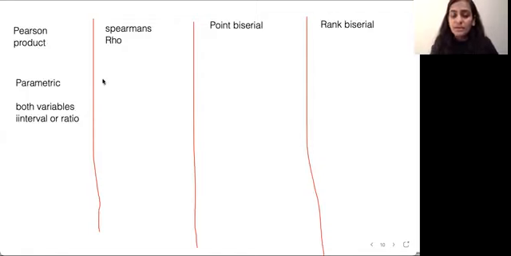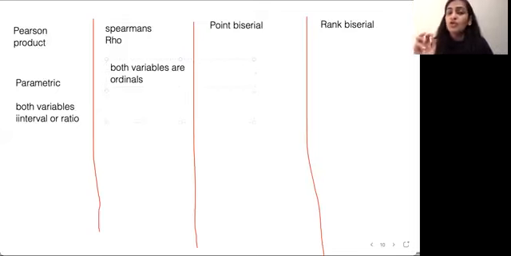If both variables are ordinal, what do we use? We use the Spearman's rho correlation coefficient. What is an example of ordinal?